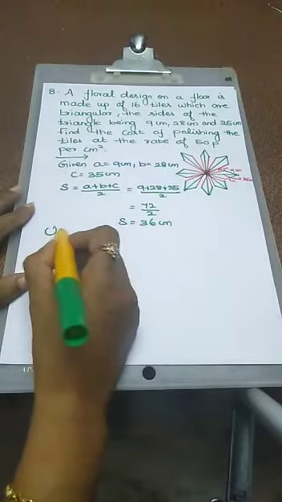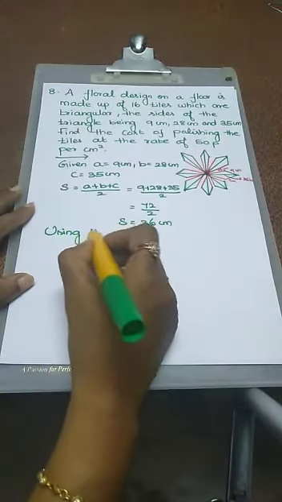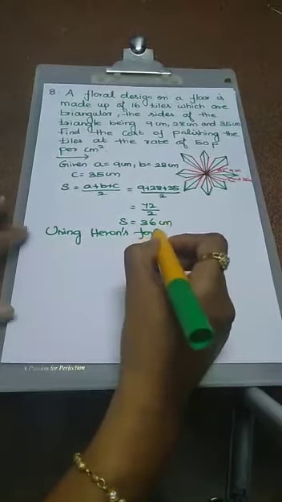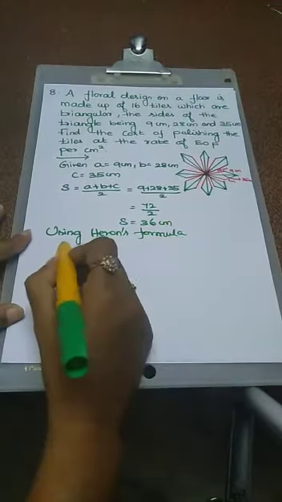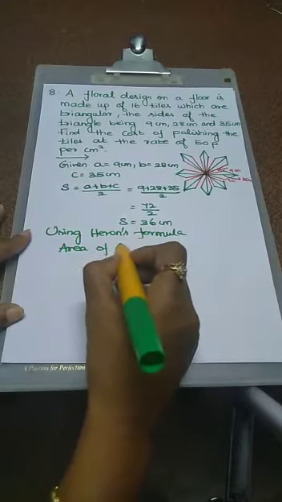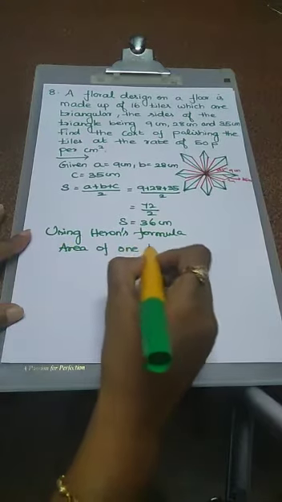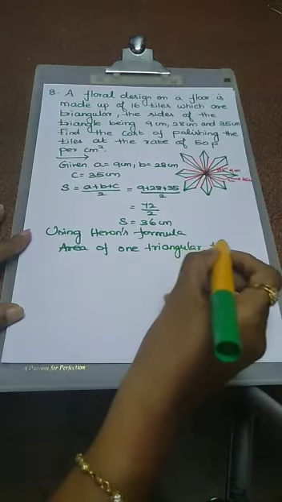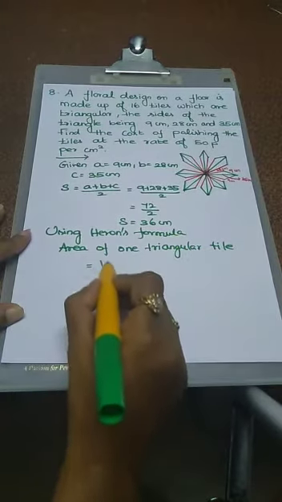Next, using Heron's formula, calculate the area of a triangle. Area of one triangular tile. What is the formula?